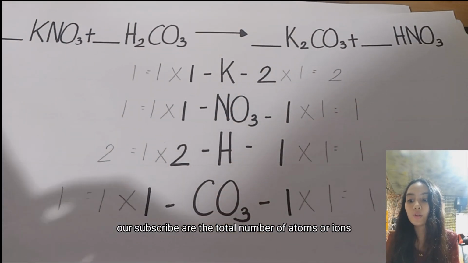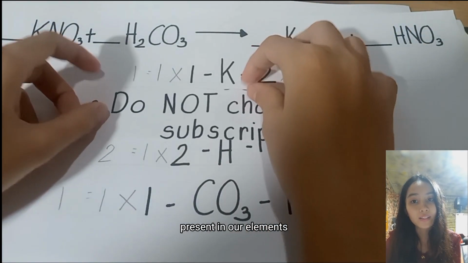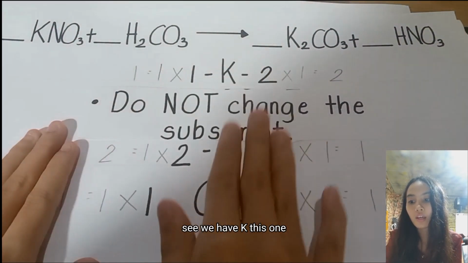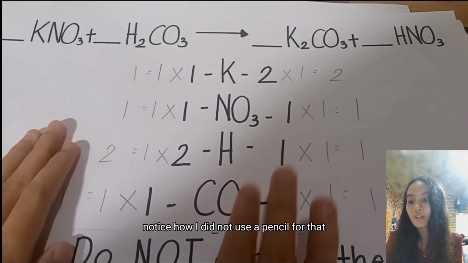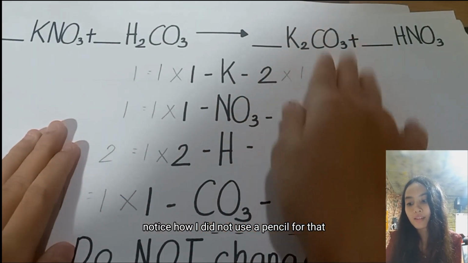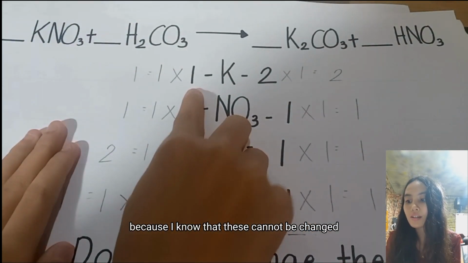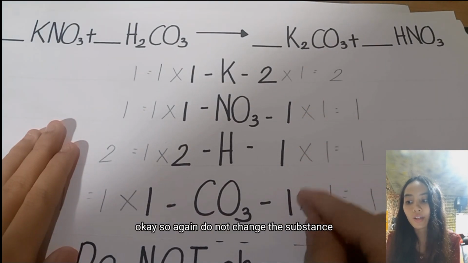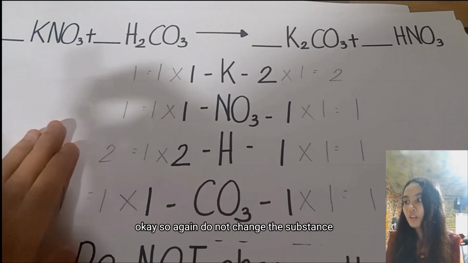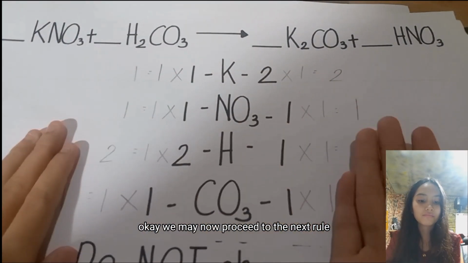Our subscripts are the total number of atoms or ions present in our elements. See, we have K, this is 1, so these are our subscripts. Notice how I did not use a pencil for that, because I know that these cannot be changed. So, again, do not change the subscript.